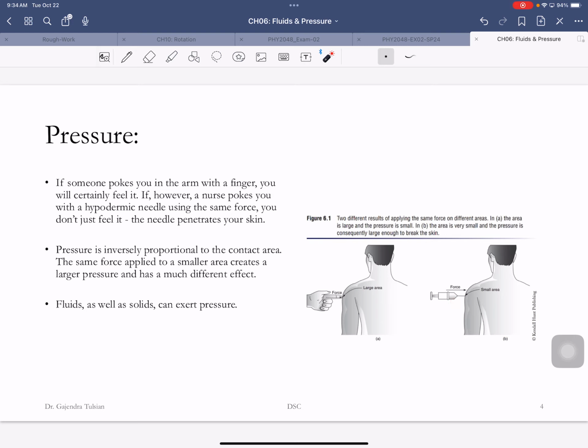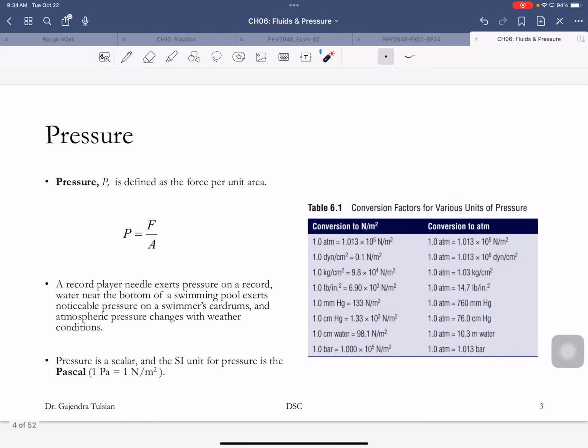Why is that? Because the needle applies the force on a small area, so the pressure is greater. Pressure is force divided by area, and that greater pressure will break your skin. So pressure is defined as force per unit area.